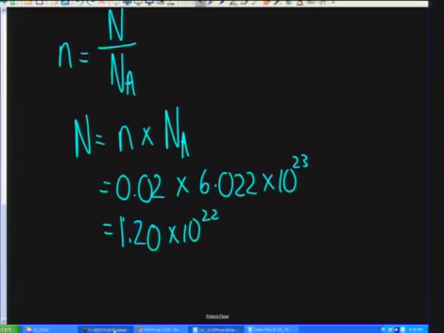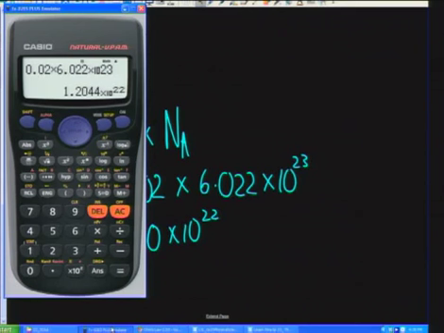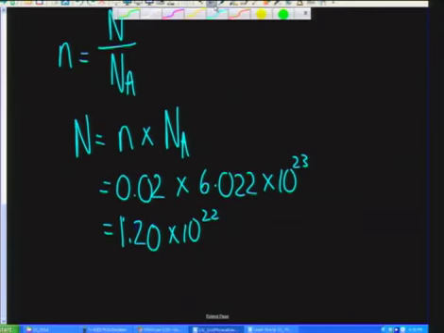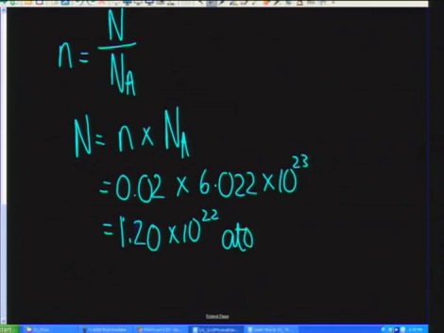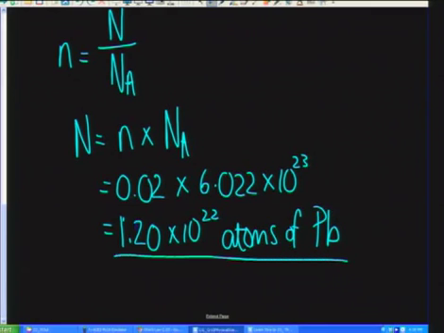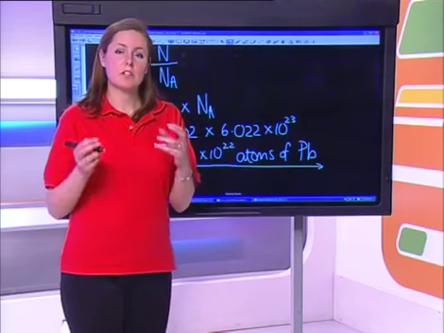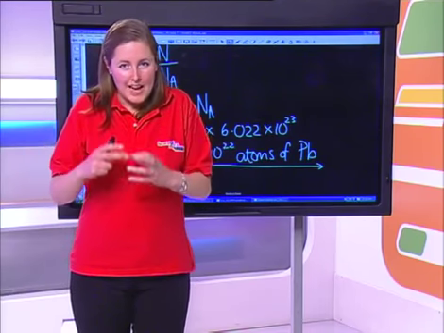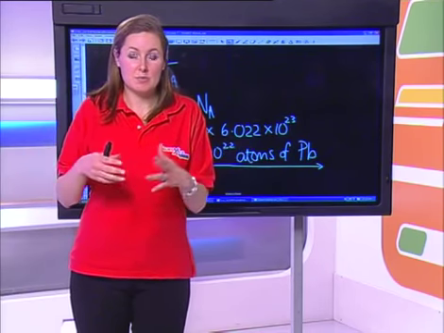Let's check our calculator. 1.20 times 10 to the power of 22, and it would be atoms of lead. And what you're working out here is very, very useful, because what you're working out is number of atoms, and that can be helpful in terms of calculations.